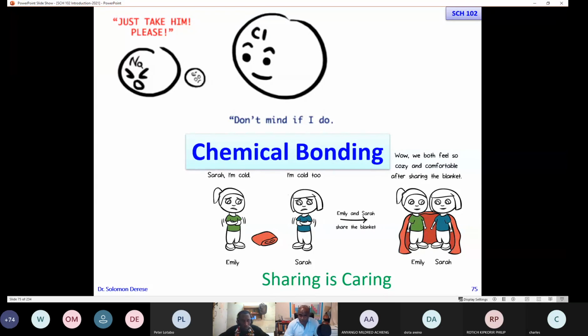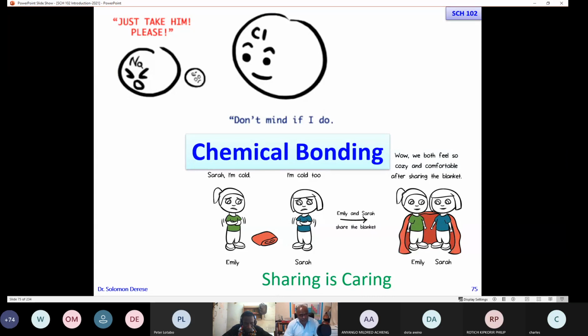You remember, the atomic number is the number of protons in the nucleus of an atom. The atomic number will not change during formation of a chemical bond. What is going to change during formation of a chemical bond is the arrangement of the electrons. It's not even all the electrons that are going to change, only the valence electrons.